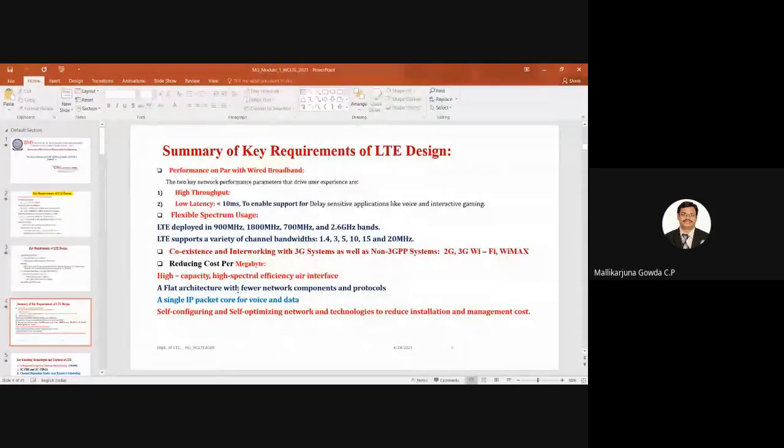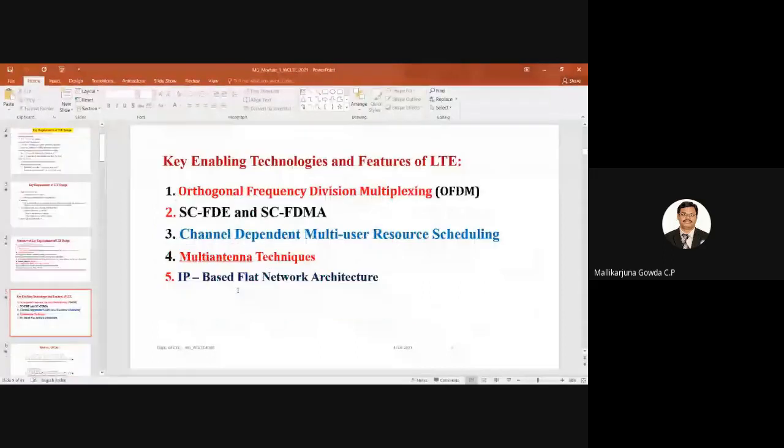It should have a single IP packet core for both voice and data. And it should support self-configuration and self-optimizing network technologies to reduce installation and management cost. So keeping these things in mind, they started with the key enabling technologies.